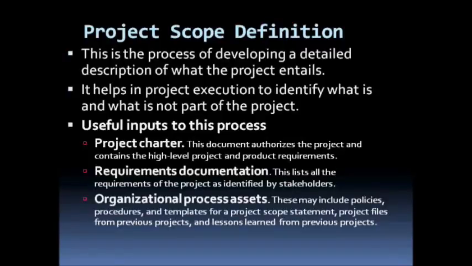Then we could also have requirements documentation, which lists all the requirements of the project as identified by its stakeholders. The stakeholders here are all the people who have an amount of interest in the project.